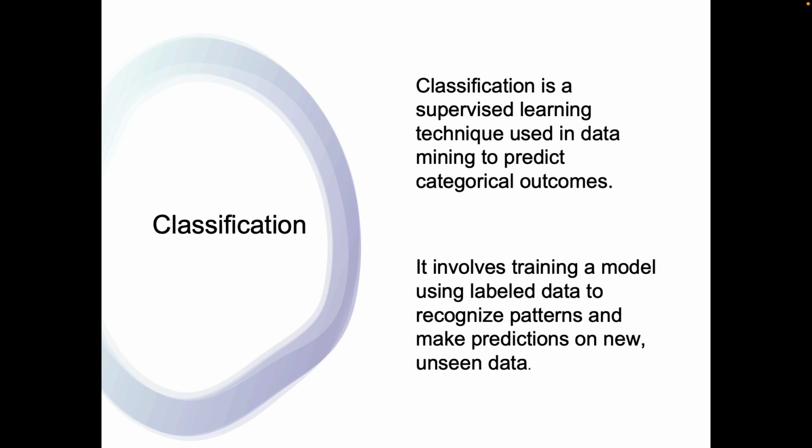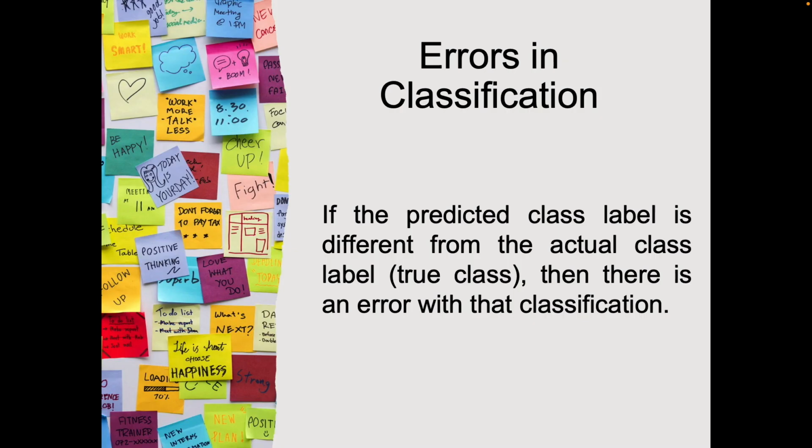It involves training a model using labeled data to recognize the patterns and make predictions on new, unseen data. The goal of classification is to predict categorical outcomes or labels for new, unseen data based on the patterns learned from the labeled training data.